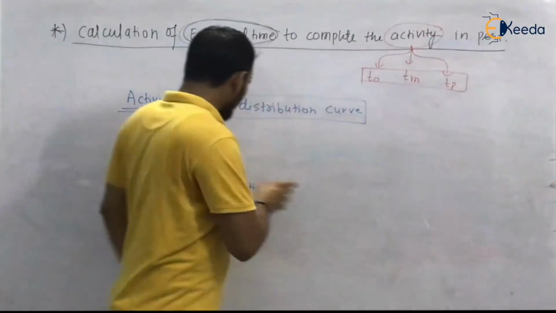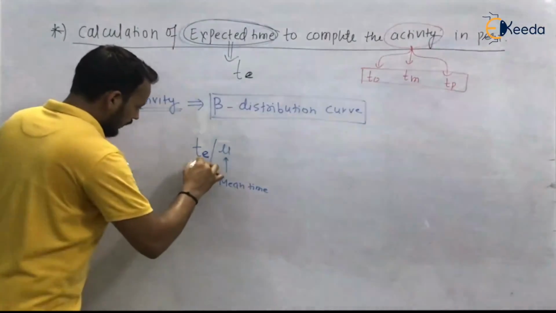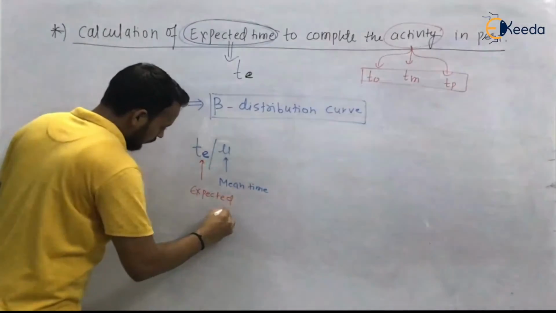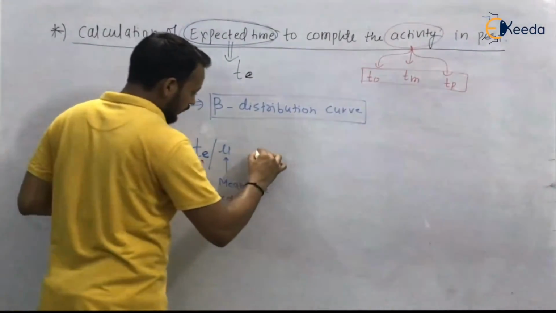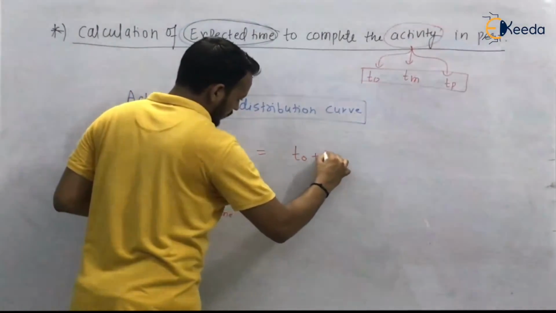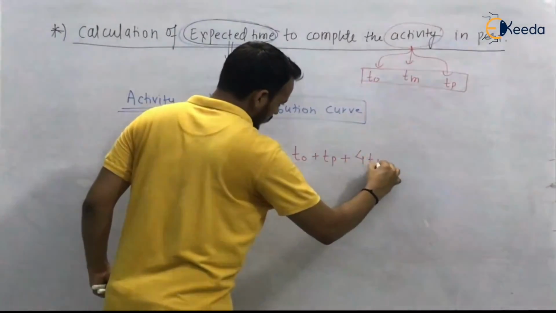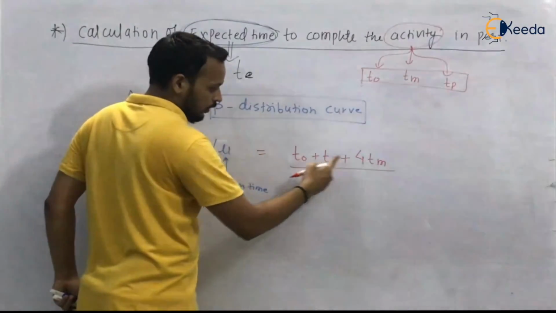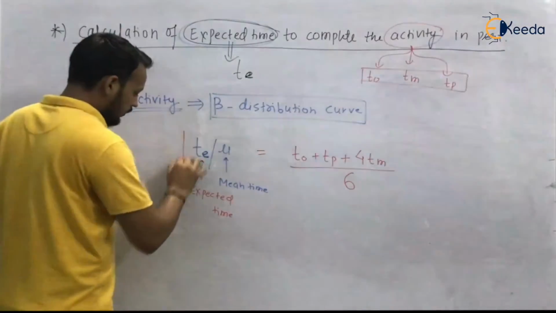So TE or mu equals optimistic time plus pessimistic time plus 4 times the most likely time, divided by the total weight. What will that be? 4 plus 1 plus 1 means 6. So this is the formula.